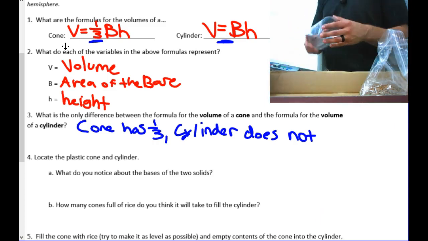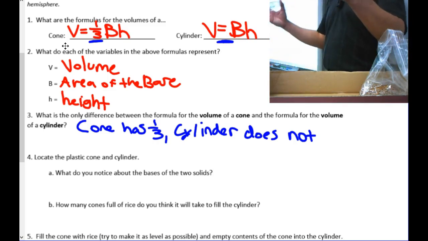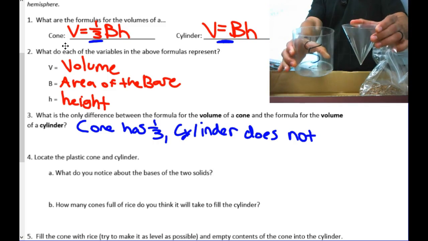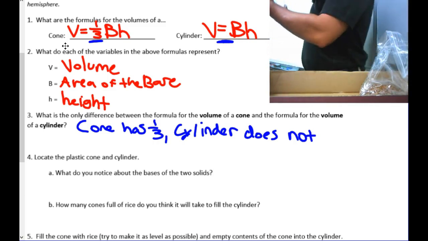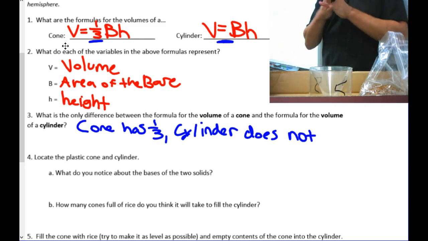Like it says on number 4, locate the plastic cone and cylinder. I have located it. They're in my hand. That's what they look like. These are the ones we used on the 3D Nets assignment, so they're not too new. It says, what do you notice about the bases of the two solids?